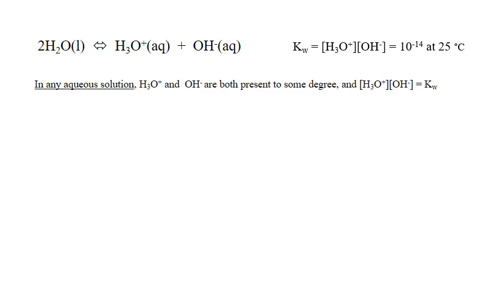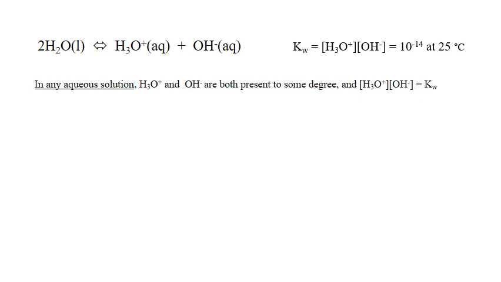One thing is, in any aqueous solution, both H3O+ and OH- are present. You might have in the past thought about acid solutions as having only H3O+ and no OH-, and base solutions having only OH- and no H3O+.